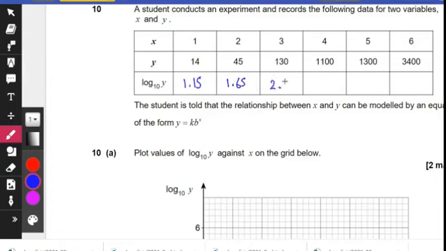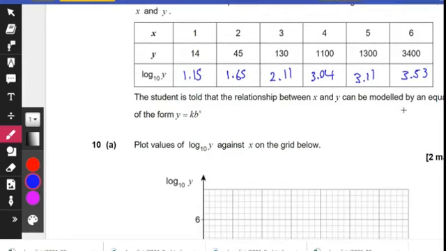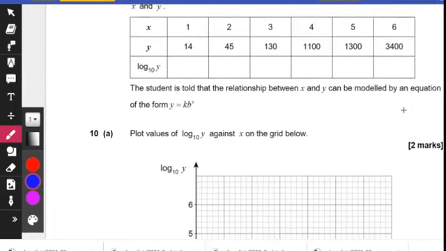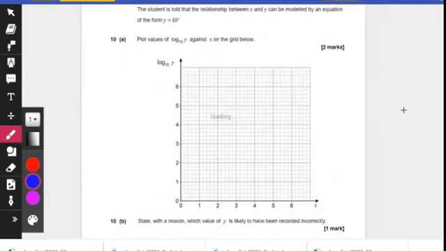Then 3.04. Then 3.11. And 3.53. Okay. So we've got that. That's fine. Now we can use that to plot our graph.